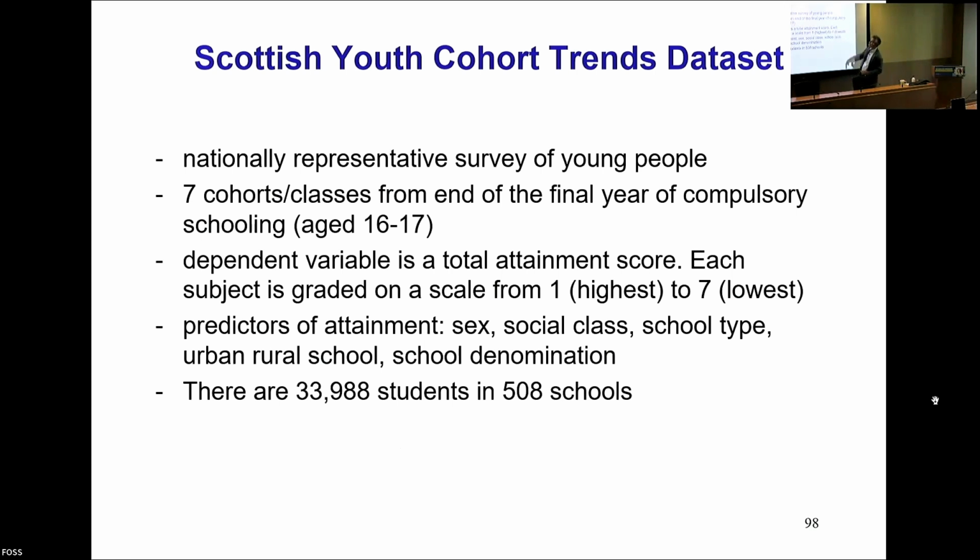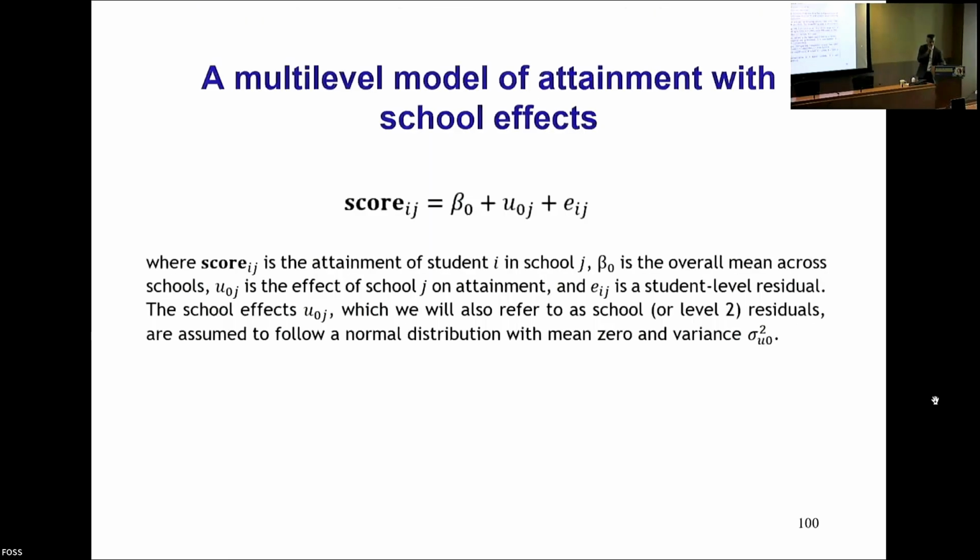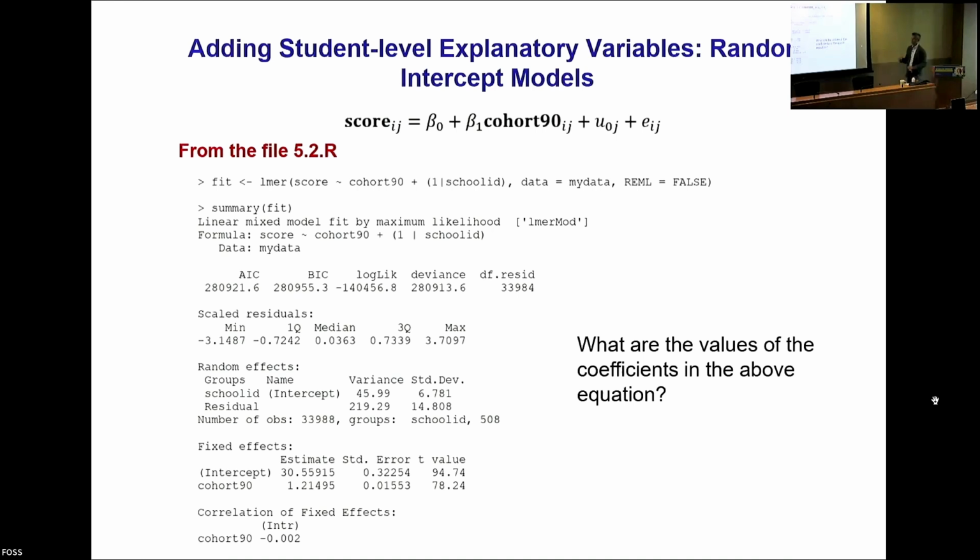In the R files, again, we're still staying with the Scottish youth cohorts data set. And now we're fitting in more explanatory variables, so sex, social class, school type, and so on. We've gone through what this data set looks like before, and you have to take my word for it that if we could run this in R, this is the model output.